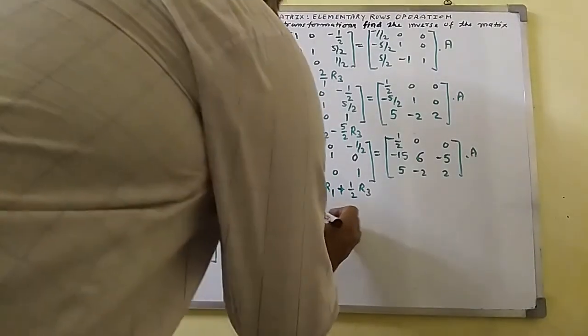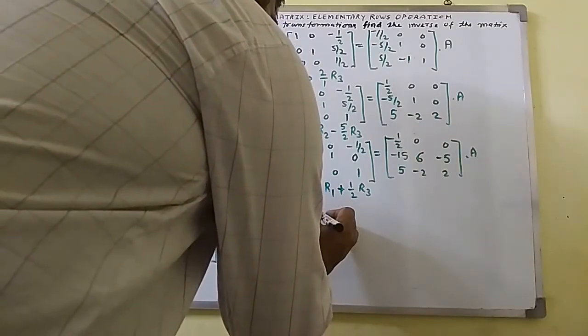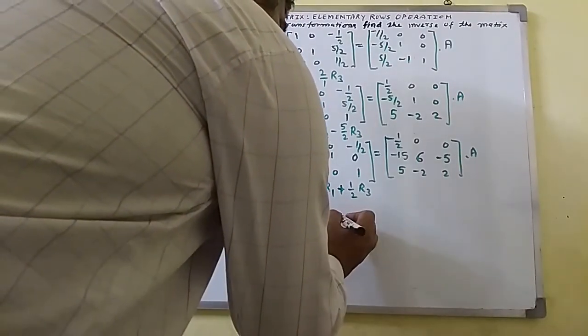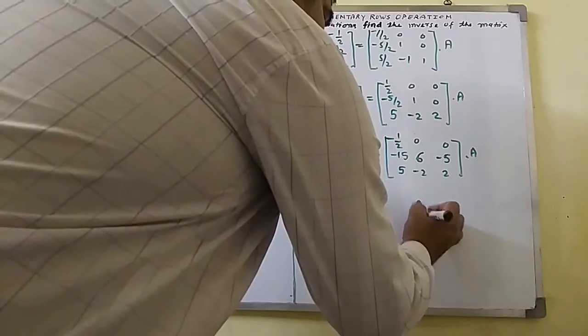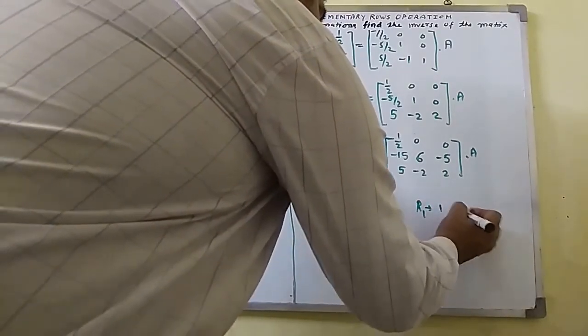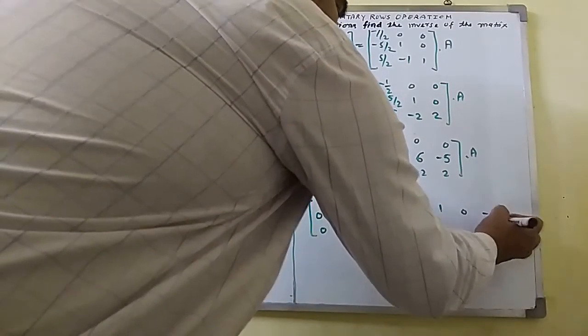There will be no changes in the second and third rows: 0, 1, 0 and 0, 0, 1. In place of R1, R1 goes to 1, 0, minus 1 over 2.